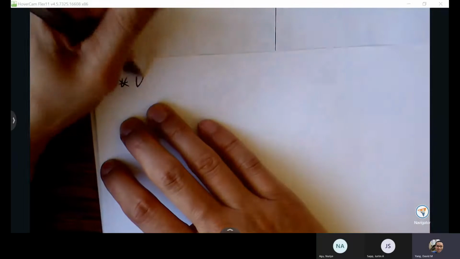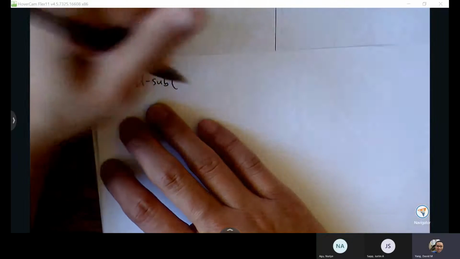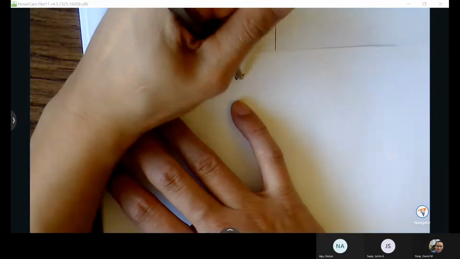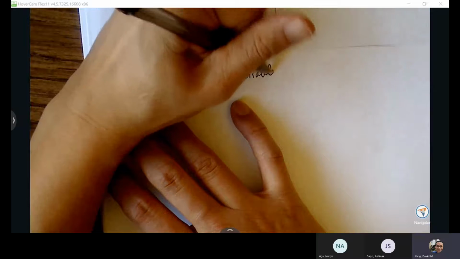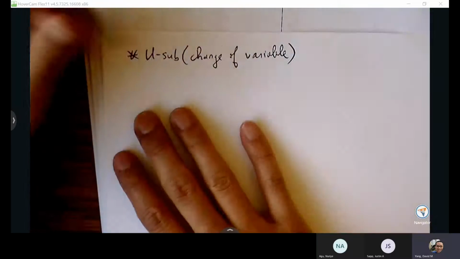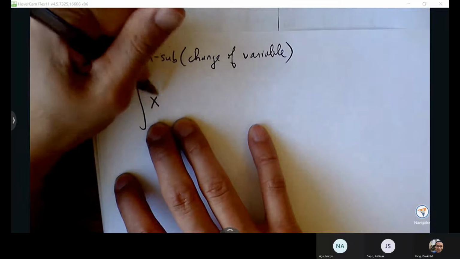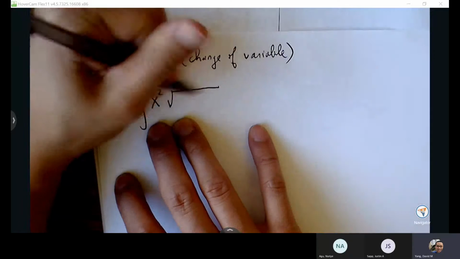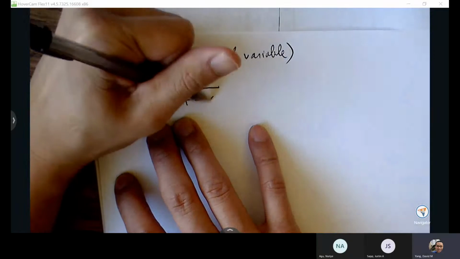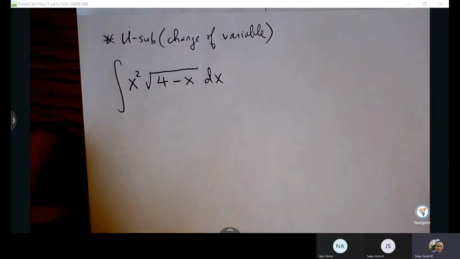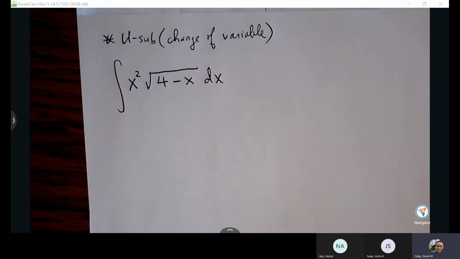So this is called U substitution, change a variable. Okay, first thing we do, we see that we're not able to expand, right?